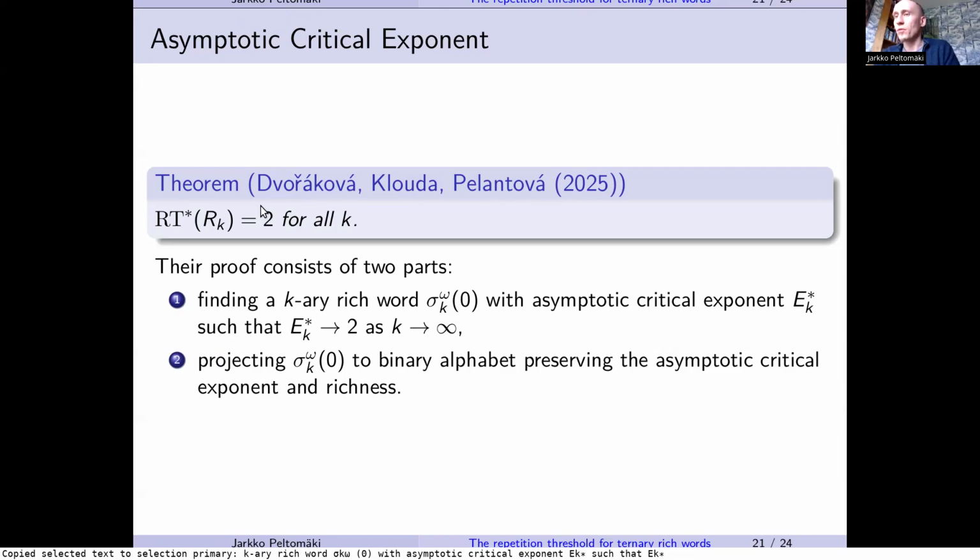But if you just consider the critical exponent, so without the star, it has to be at least 2.7 or something like that. So there are for sure examples where it's different.